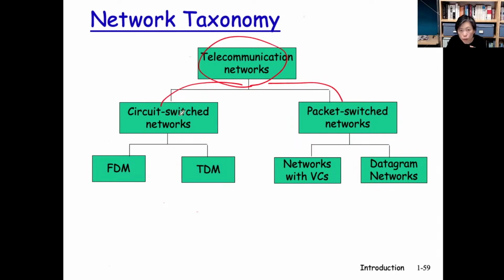In a circuit switch network, there are different ways of dividing resources into pieces, frequency division or time division, but either way it's very regular, following a certain order. Things need to be reserved, and there's a call setup delay. It's good for long-lasting calls where you prefer data not experiencing variation in delay or losses. But this is very resource consuming, and we will not be able to allow many users at the same time.